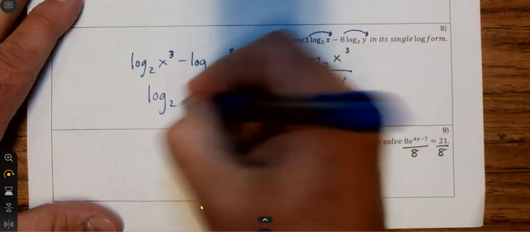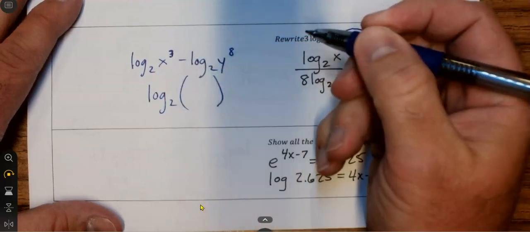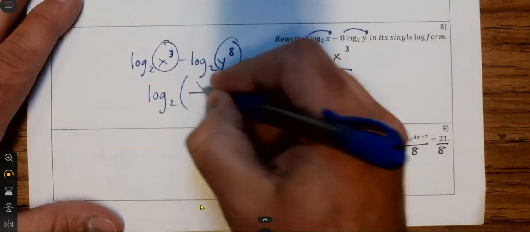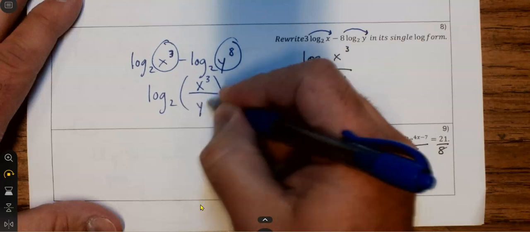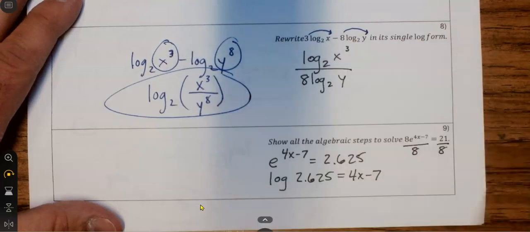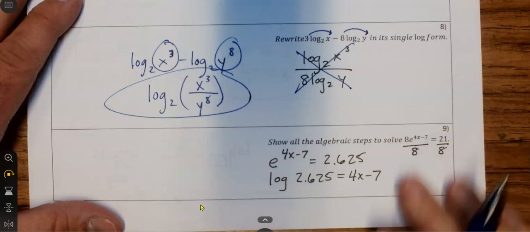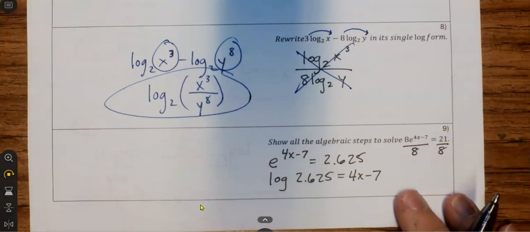We just want 1 log, and we're taking the x cubed and the y to the 8th, and we're using those to create the single log. Like I said, the only thing they did was move the 3 up, and that was correct.